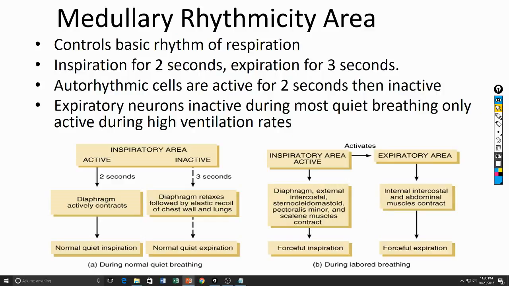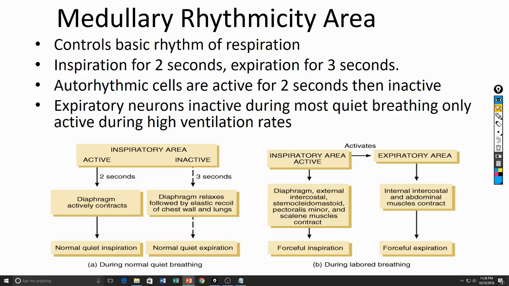The medullary rhythmicity area controls basically your 9 to 5 general relaxed breathing. Under this system, most people will breathe air in for about 2 seconds, and they'll breathe that air out for about 3 seconds.